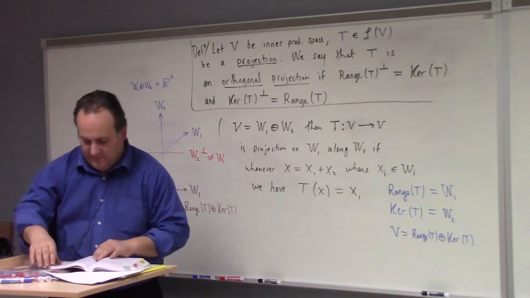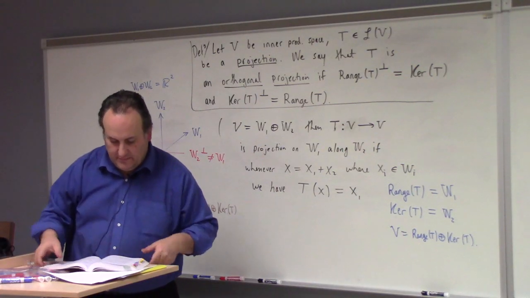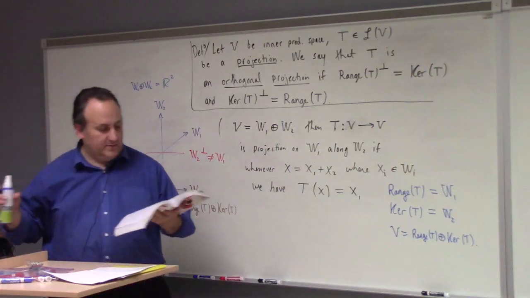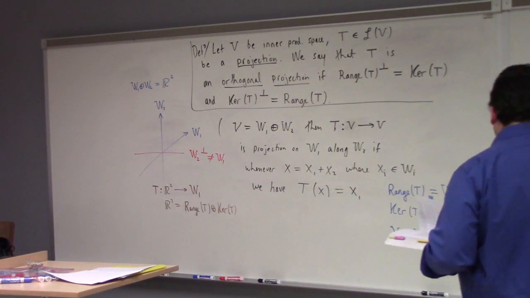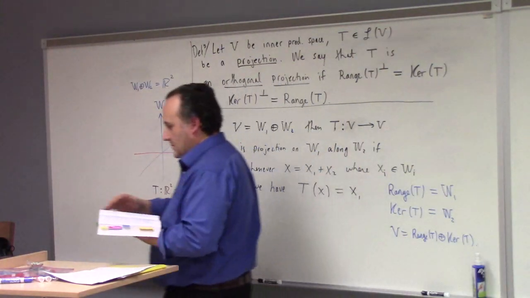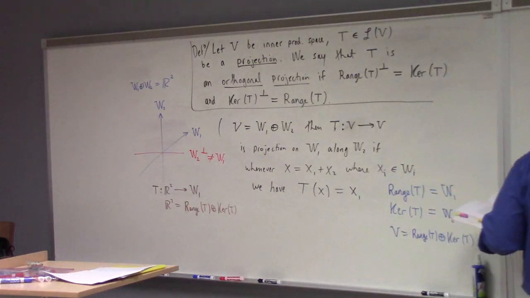Okay, so that's the first order of business. Understand what an orthogonal projection is. And once you have that, then we can write down the so-called spectral theorem. The spectral theorem is kind of the main event, I would say, of this chapter in some sense.